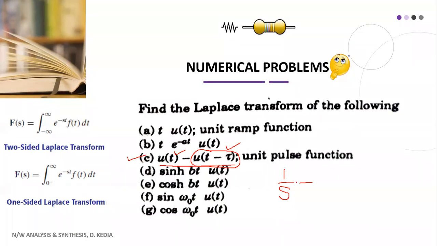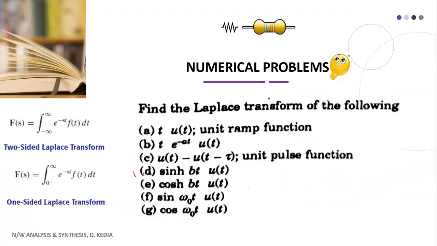So the Laplace transform of u(t) is 1 by s, and the Laplace transform of u(t minus tau) will have one exponent term multiplied, which is e raised to power minus tau s. You can take 1 by s common, and inside the bracket you have 1 minus e raised to power minus tau s. So this is the answer for your third numerical. Fine.